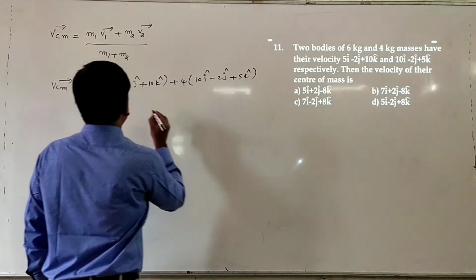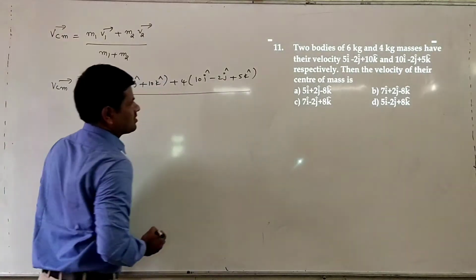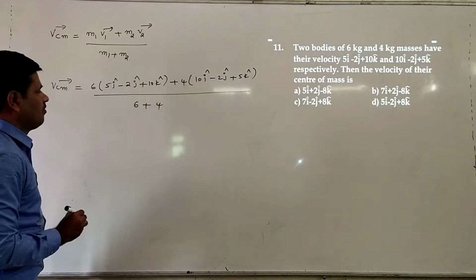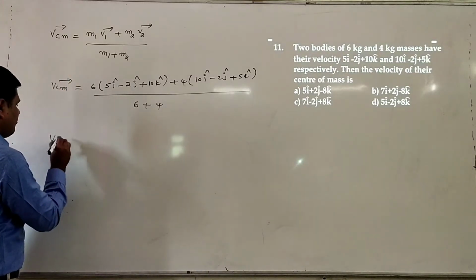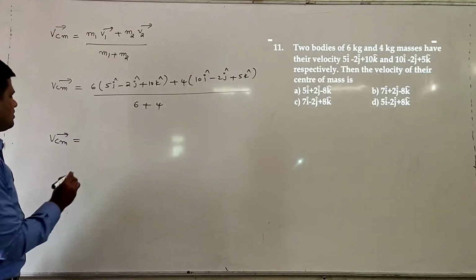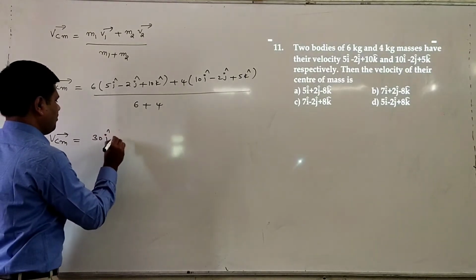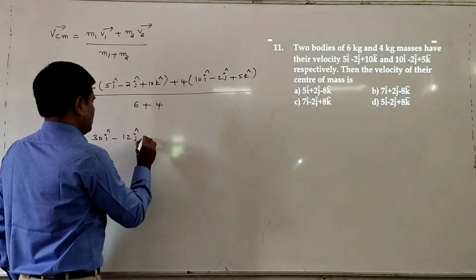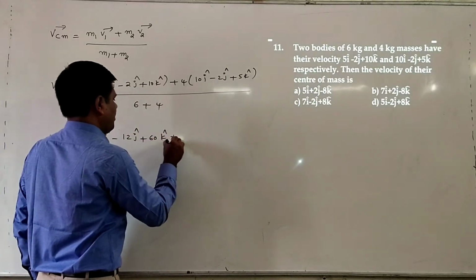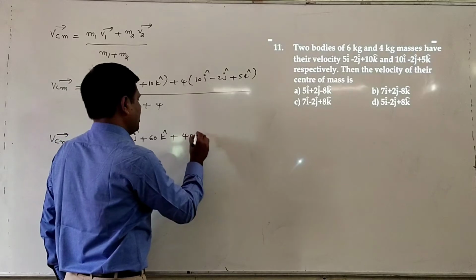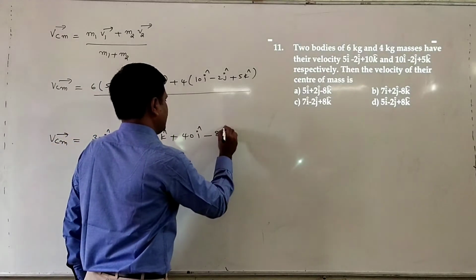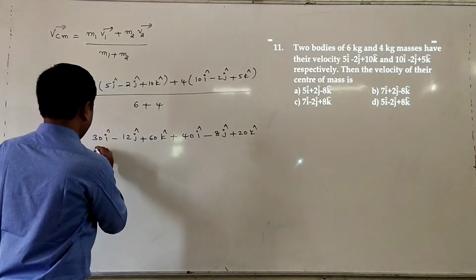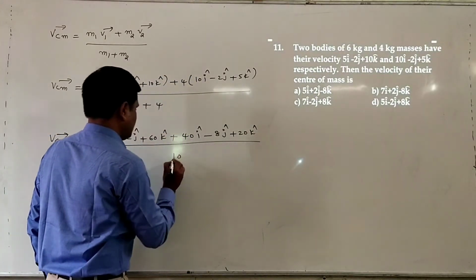The sum of the mass can be written as m1 plus m2, which is equal to 6 plus 4. Now VCM bar can be written as 6 5s are 30 i cap minus 6 2s are 12 j cap plus 60 k cap, plus 40 i cap minus 8 j cap plus 20 k cap, by 6 plus 4 is equal to 10.